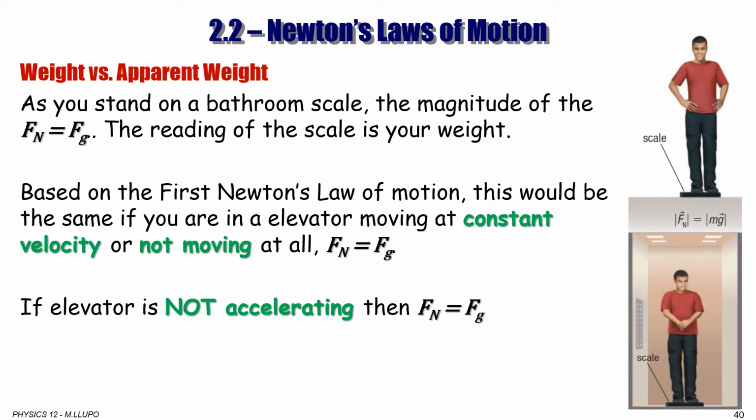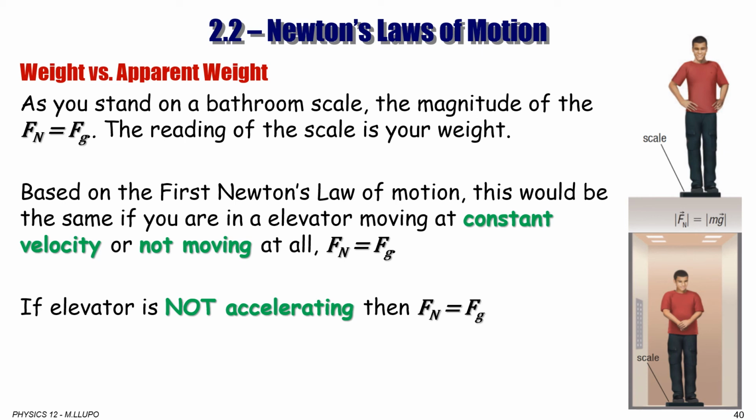Let's analyze the difference between weight and apparent weight. Weight is the force of gravity, but with apparent weight, because of motion, the object appears to have a lighter or heavier weight. Now let's see what is normal force and what is weight. As you stand on a bathroom scale, the magnitude of the normal force is equal to the force of gravity.